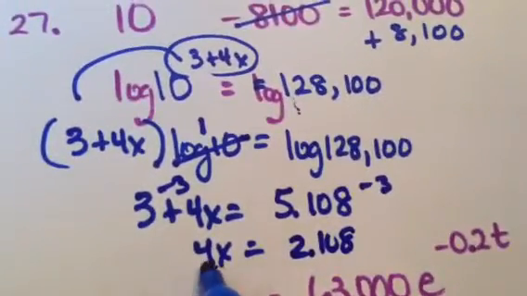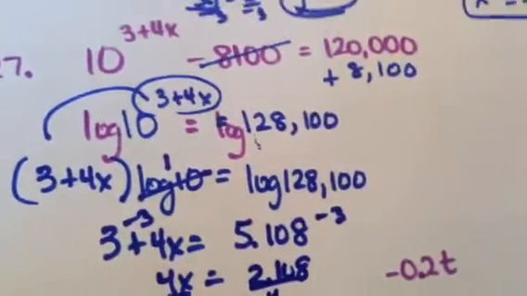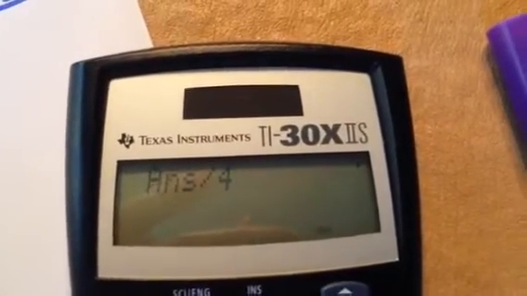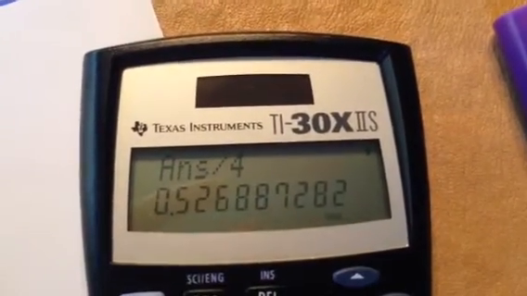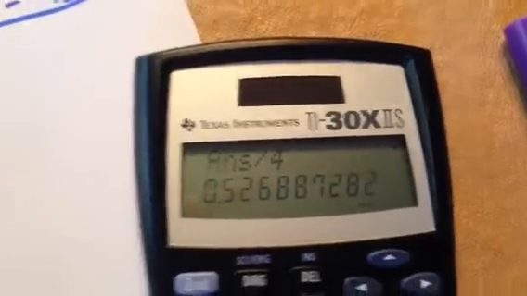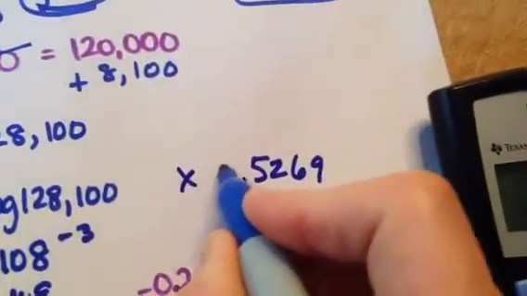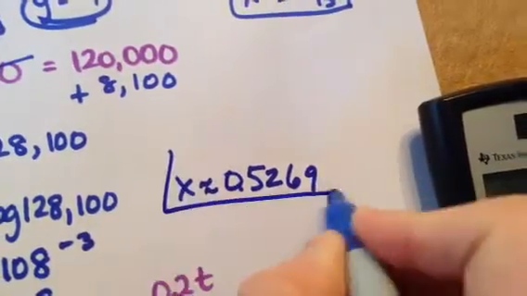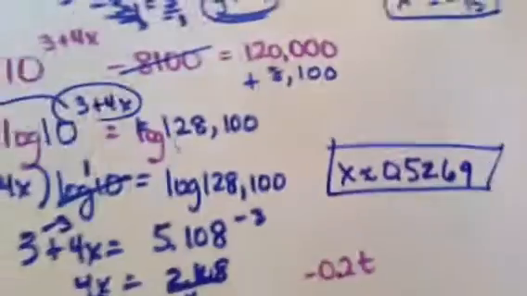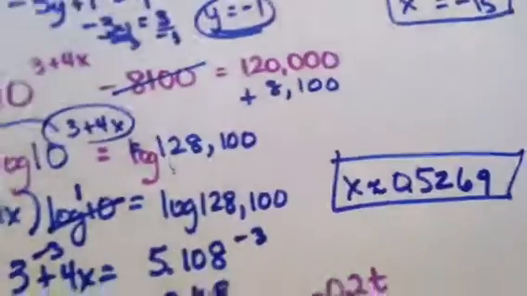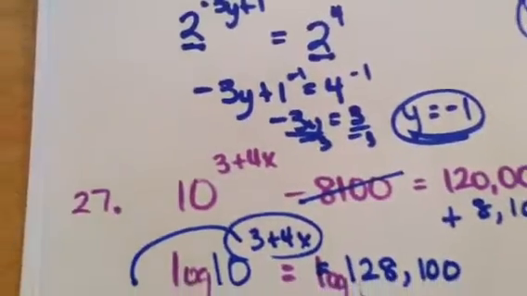Divide both sides by 4. And you can see my answer should be about 0.5269, and that's what x equals about. And so that should be it right there. Not too shabby. And there's number 27.